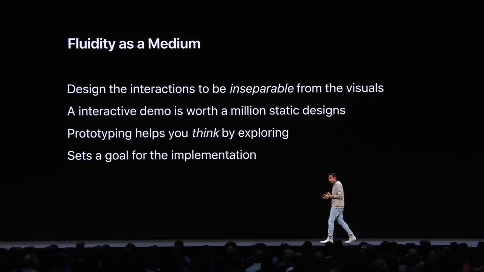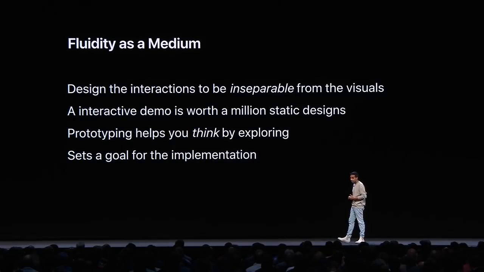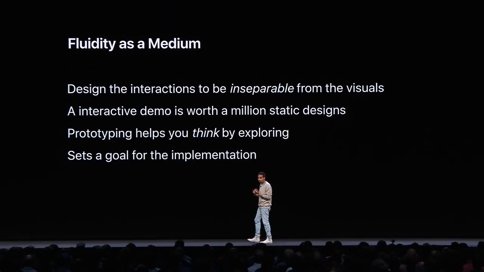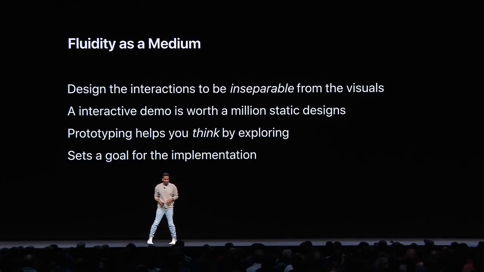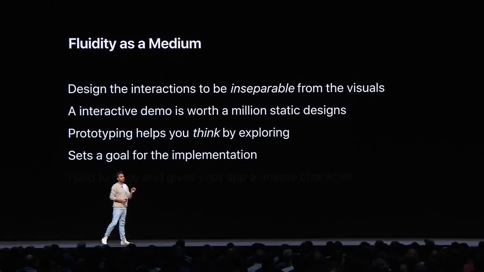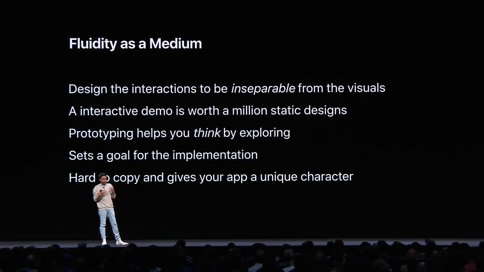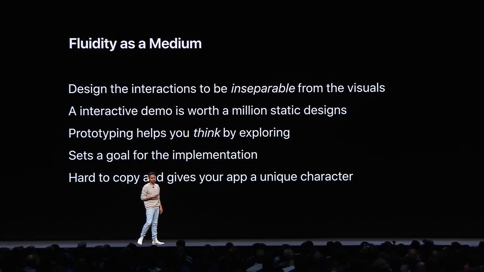It's so important to have that kind of magical example that reminds both the engineering teams and yourselves of what it could feel like. And when you actually build it, it makes something that's hard to copy, and it gives your app a unique character.